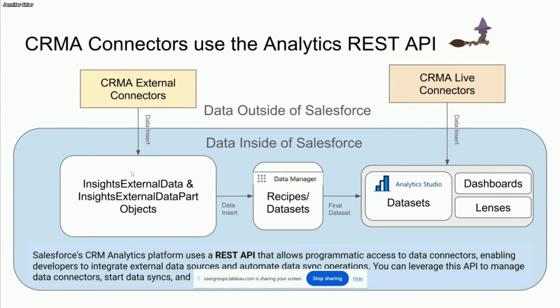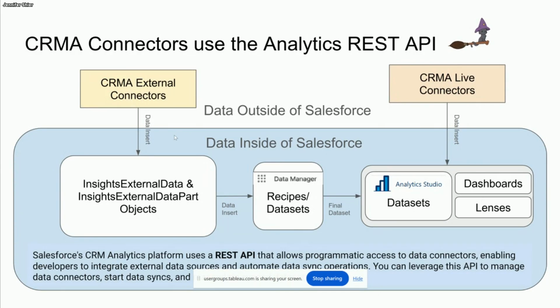It goes into this object, into recipes and data sets, and then you can do whatever you want to it, and then you visualize it. But a lot of people are doing all their manipulation here, transferring it in, using this as a holding bin, and then sending it straight for Viz.